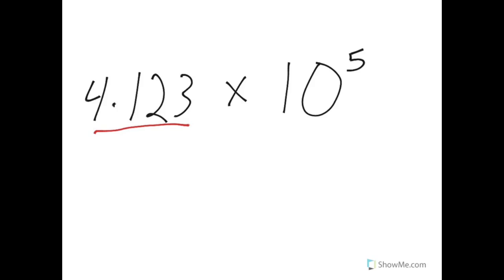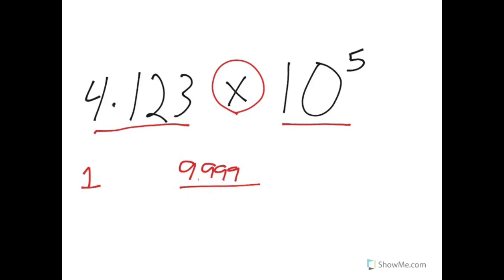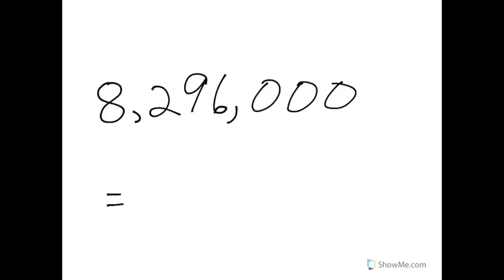So it's somewhere between 1 and 9.99999, we could go on, right? But it's 1 or greater, and it's less than 10. The second part, we have a multiplication symbol, but then the second part is a power of 10. So in this case, 10 to the 5th power. And I'm going to show you how to use this here.